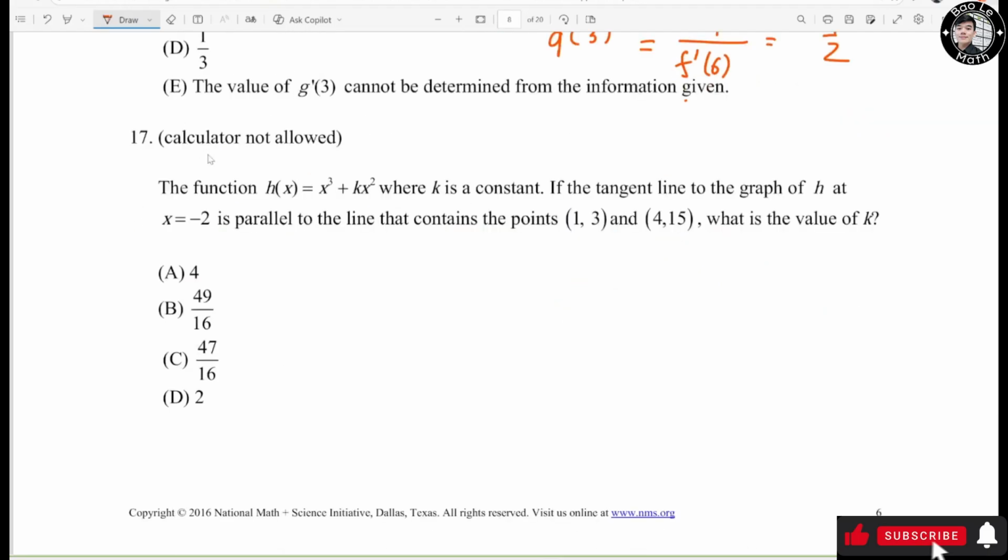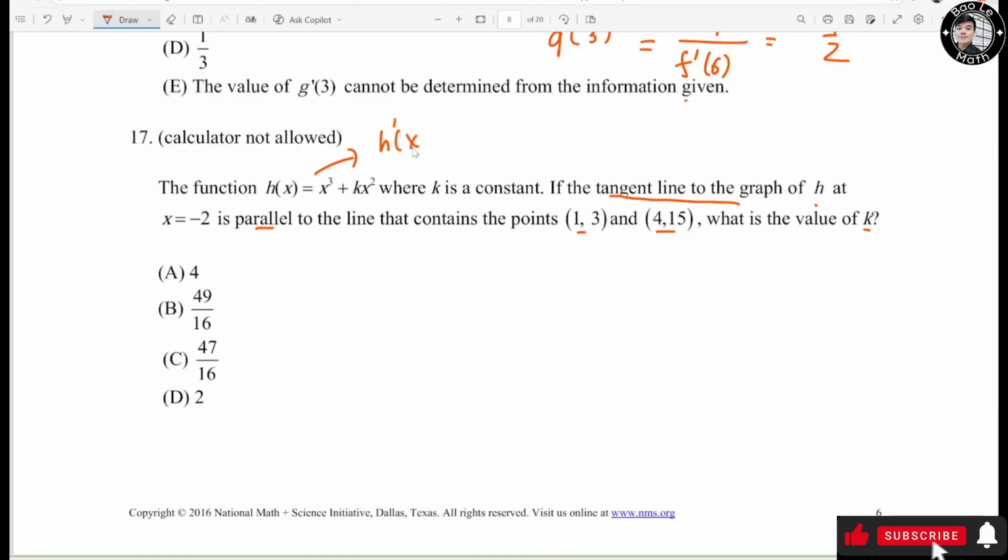Now question 17. The function h of s equals s cubed plus ks squared, where k is a constant. If the tangent line to the graph of h at s equals negative 2 is parallel to the line that contains the points (1, 3) and (4, 15), what is the value of k? You know that two parallel lines have the same slope. So for the tangent line to the graph, we need to find the slope using the first derivative.